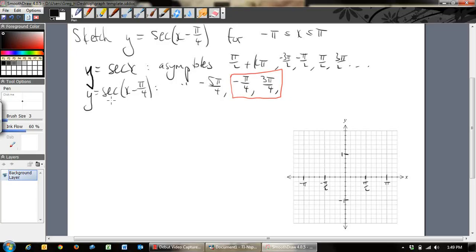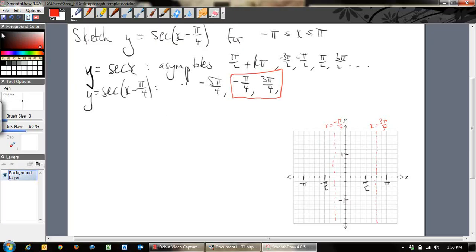Okay, so let's put our asymptotes on, again sorry about the lack of straight lines, negative pi on 4 and 3 pi on 4, that's 3/4 of pi. So we'll draw those on there. Just label those asymptotes, x equals 3 pi on 4, x equals negative pi on 4. There, we've labelled our asymptotes.